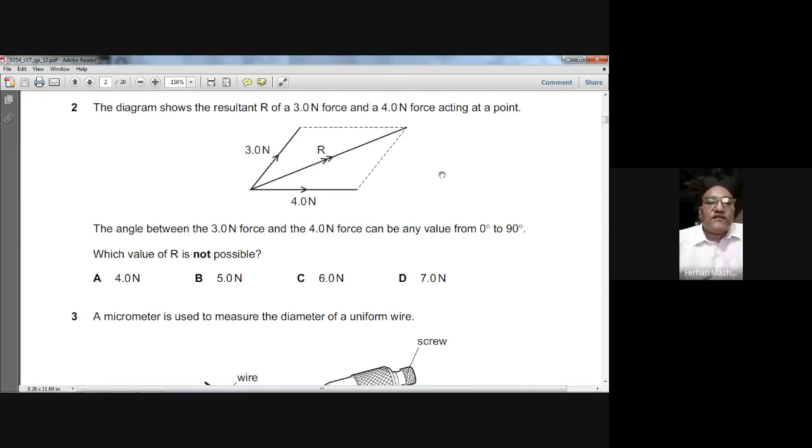Anything out of this range is not a possible answer. Choice A is 4 Newton, which is out of the range. Our range is 5 to 7 Newton. So for question number 2, A, 4 Newton, is the answer.